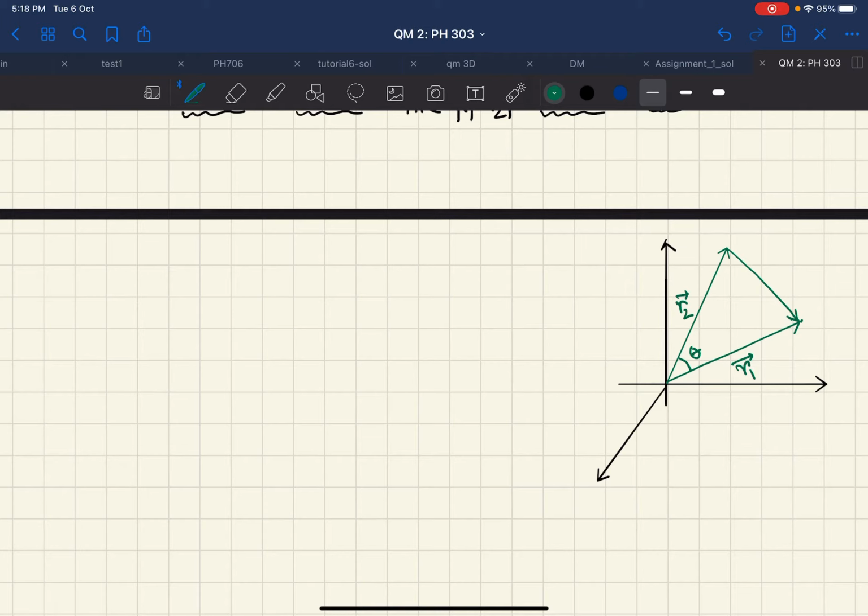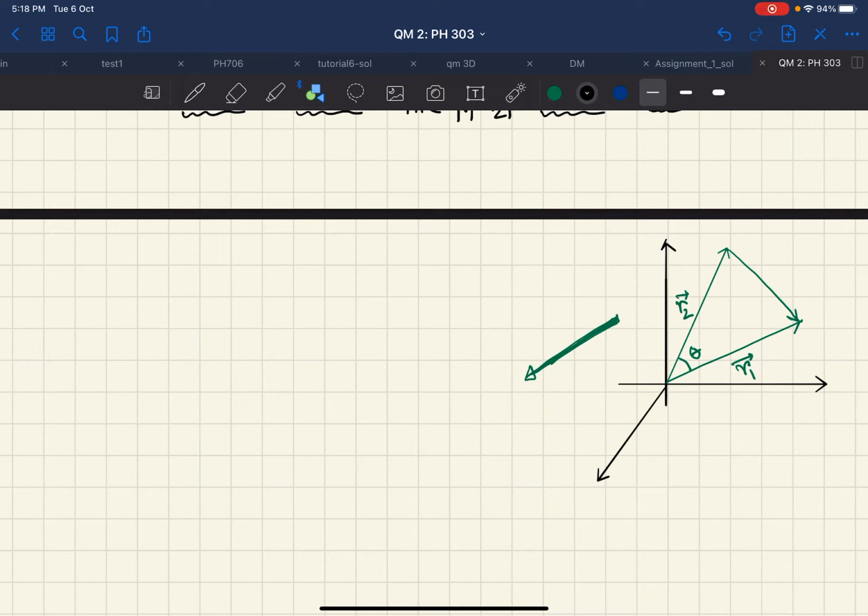Now the trick here is to choose the correct coordinate system, correct orientation for the coordinate system. In this particular problem, it is always better to choose your coordinate system in the following way. Let me draw it first, and then I will explain why it is a good choice.